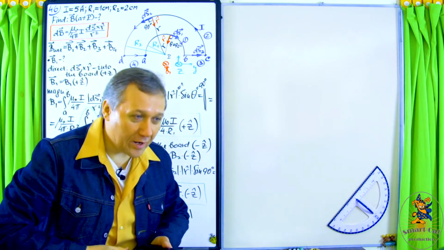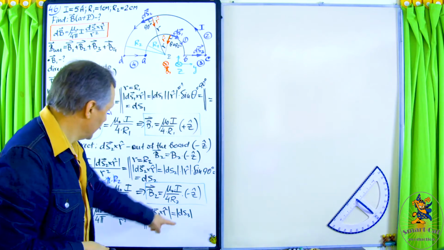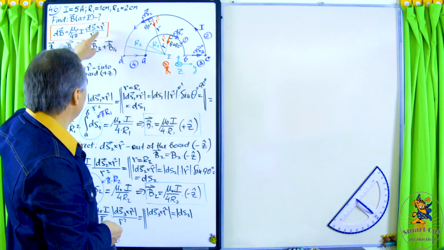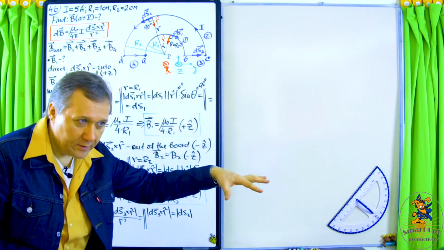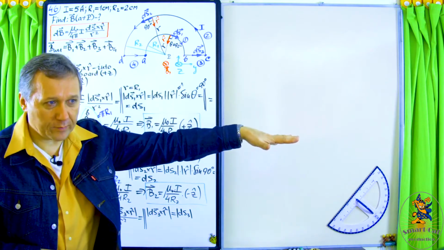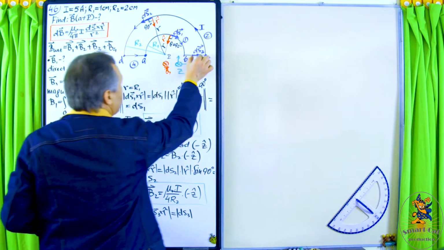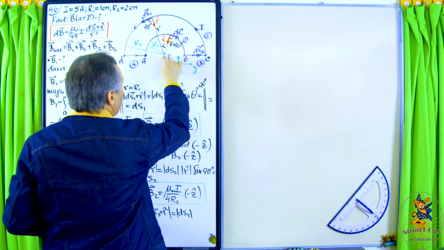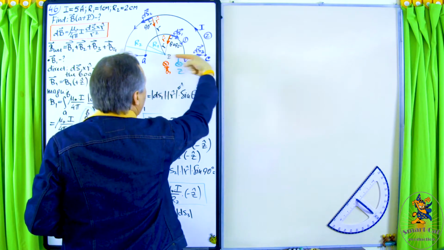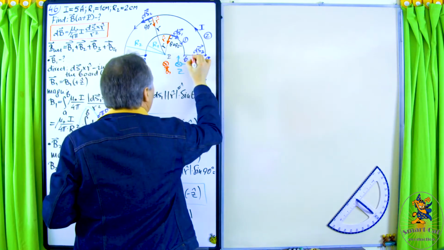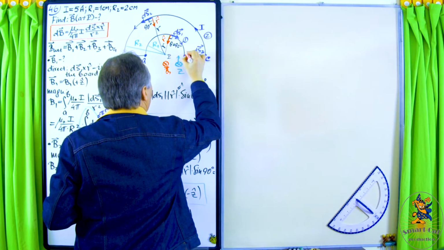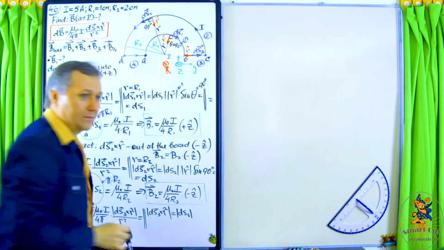Then what about r hat? R hat, you remember, shows a direction from ds to the point where we want to find the magnetic field. In this case, ds is here, the point where we want to find the magnetic field is over here. So r hat points that way. So this will be our r hat.